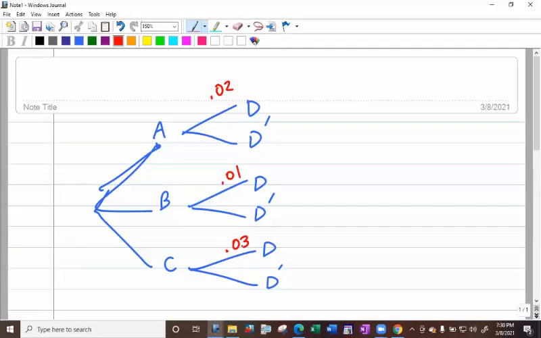Well, one thing we learned last week was if you only have 2 branches on a tree, they have to add up to 1. Now it could have asked for not defective in the question because it would have expected us to figure that out. So if you got a 2% chance that it's defective, how about a 98% chance it's not defective? And then 99 for this one, and then 97.